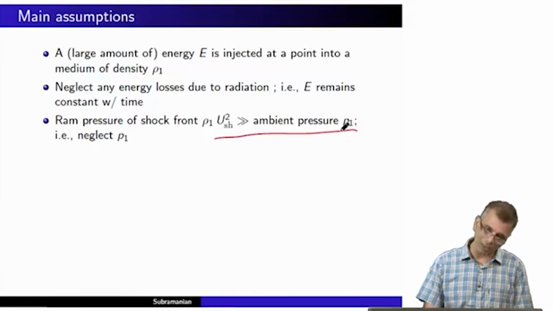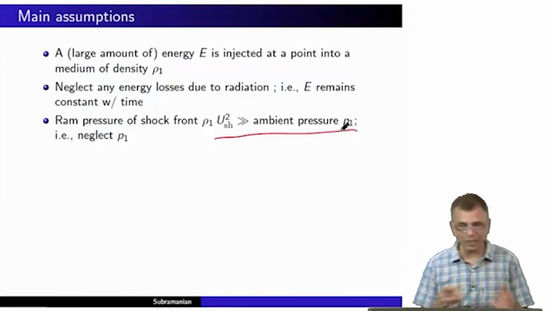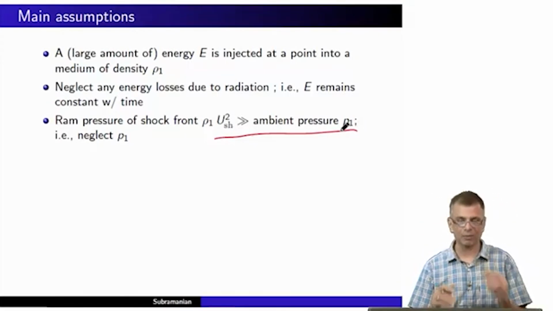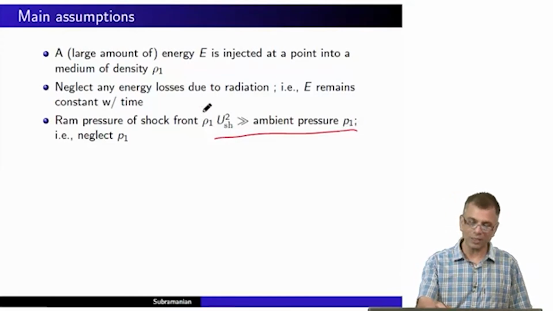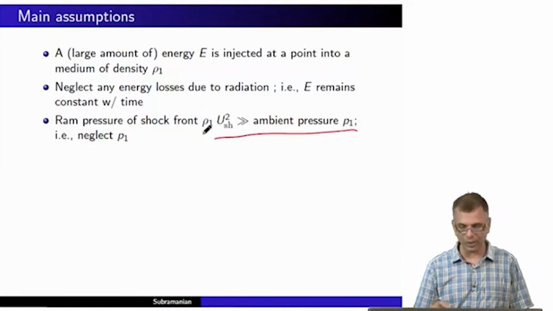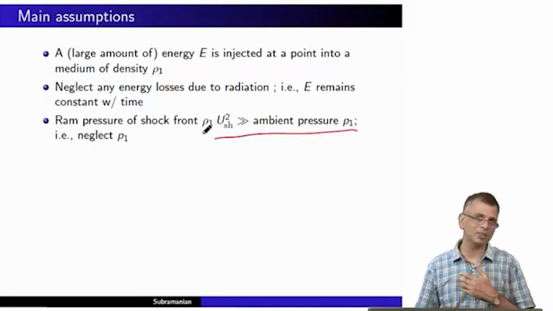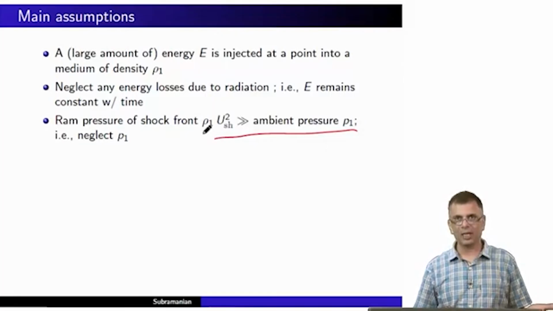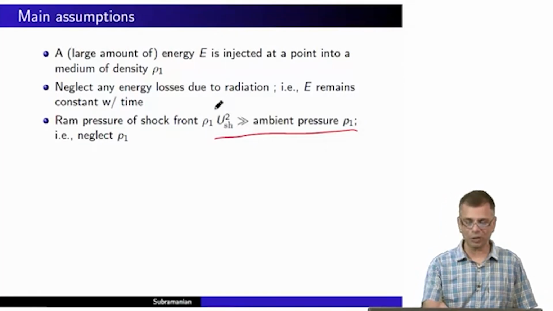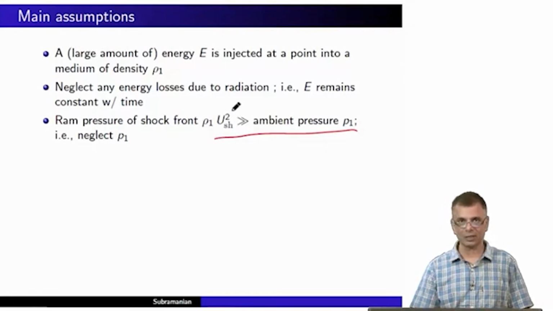The density of the medium through which the shock is propagating is rho 1, and the pressure of the medium is P1, but the P1 really doesn't matter at all. It's the kinetic energy of the shock front which dominates.